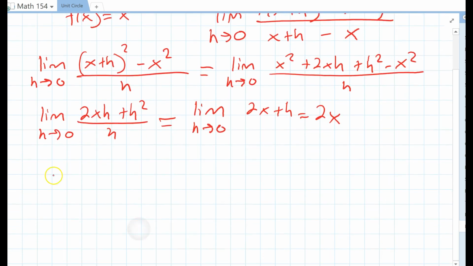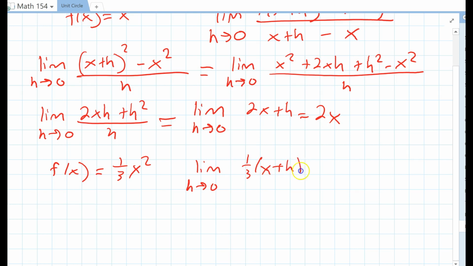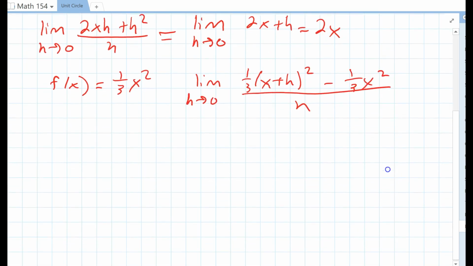And just to do another one similar to what we just did, I think we talked in class about 1/3 x squared. That would be the limit as h approaches 0 of 1/3 times x plus h squared minus 1/3 x squared all over h, because that's again x plus h minus x.